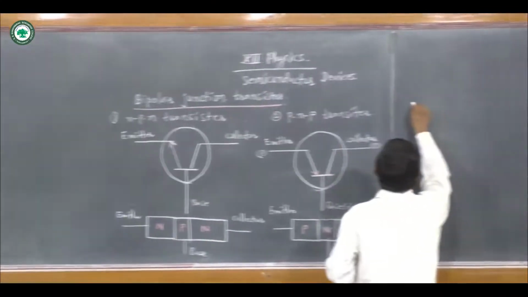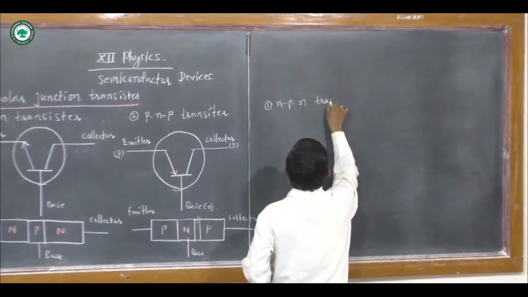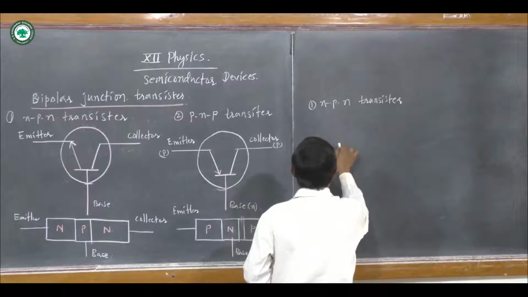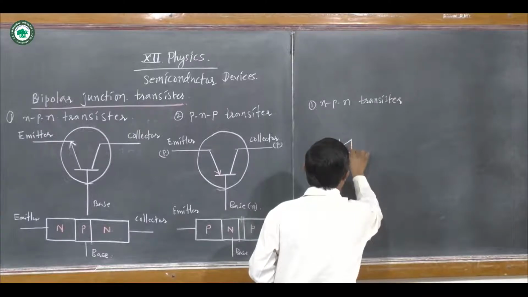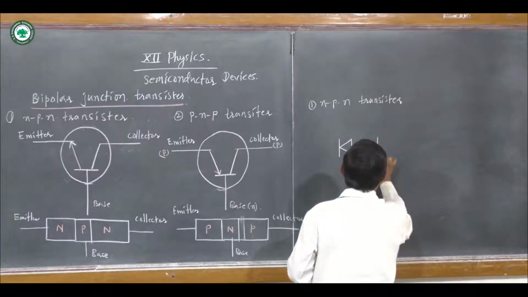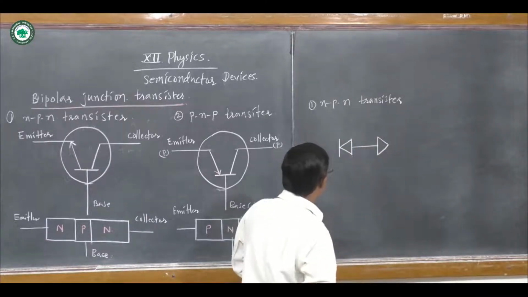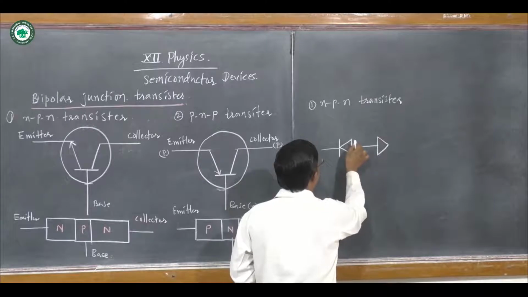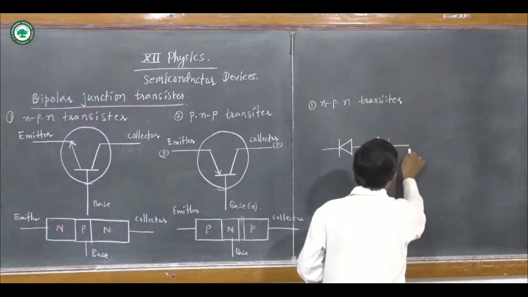In the NPN transistor, here the cathode of diode 1 is there, and this is the cathode of diode 1, and this is the anode of the diode, which is connected to the anode of the 2nd diode.